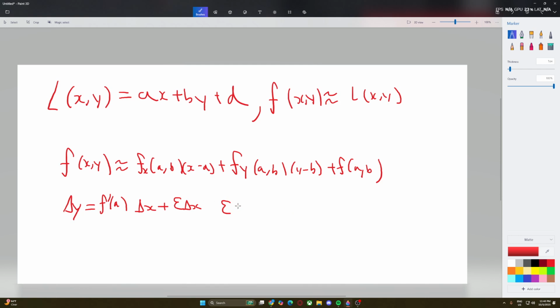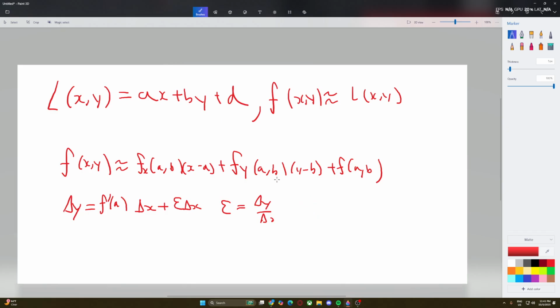Epsilon is the difference between change in y, change in x, and derivative f prime.